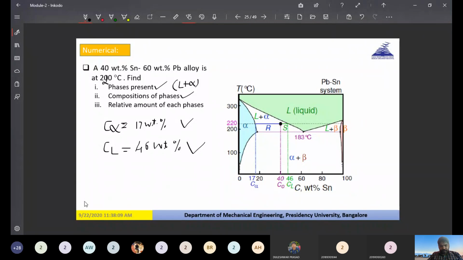So the amount of alpha, let's say the weight fraction of alpha, will be given by the liquid arm, because alpha is solid, so we take the opposite arm. That is nothing but the liquid arm divided by the total arm.